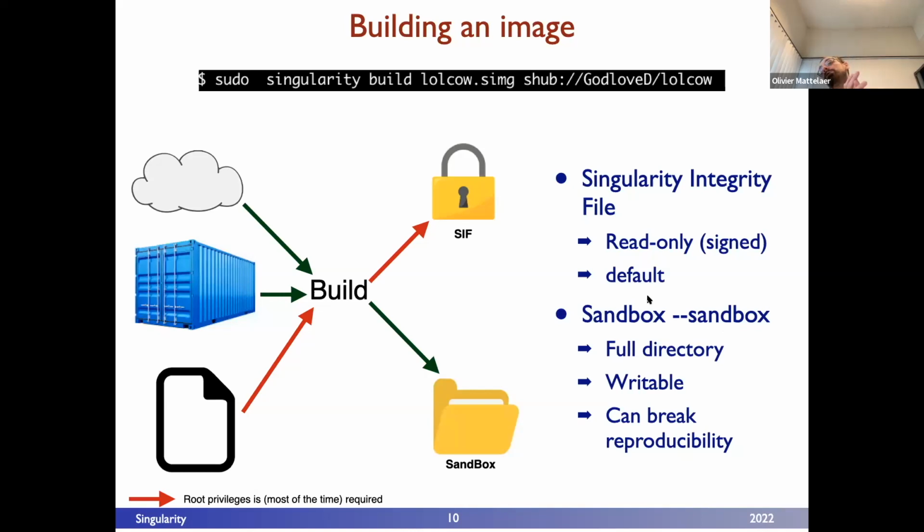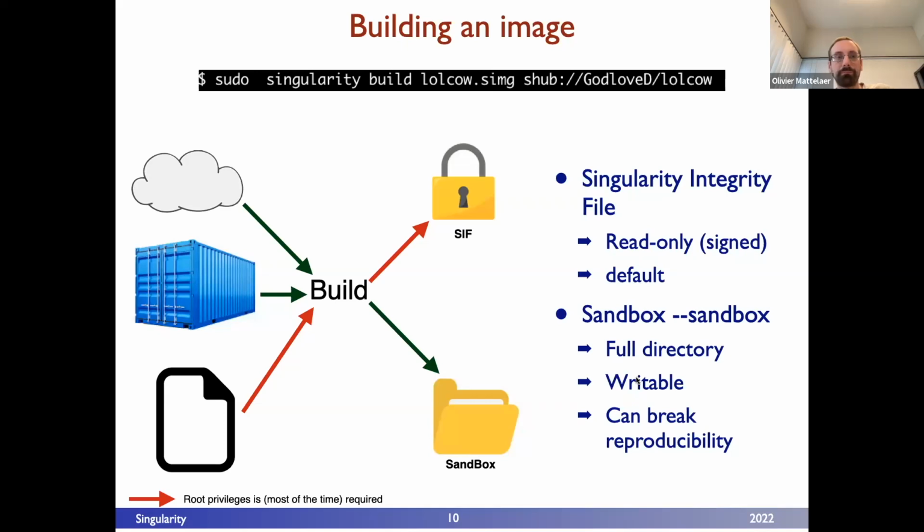There it will expose completely the full directory. So it's actually a real directory on which you do cd, ls, you can edit the files. So it's also writable. There's not that much reason to do that, sometimes for debugging, I guess, or if you want to make some tests and you are not sure what you need to do in order to reach your goal, that's the way to use it sometimes.